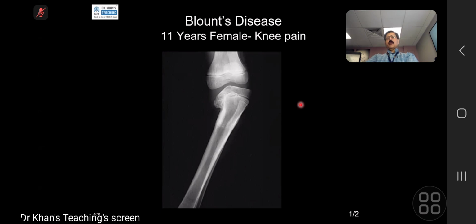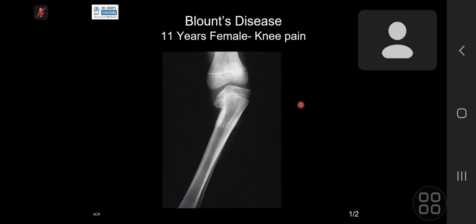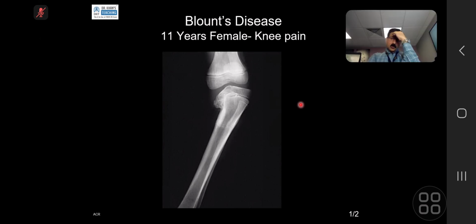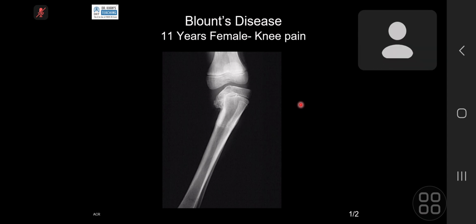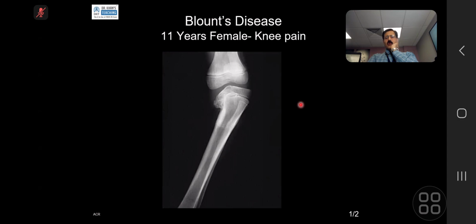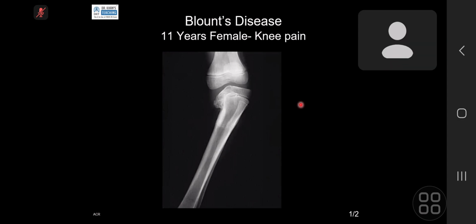Okay, in Madelung deformity, what happens? In Madelung's deformity, the inner third of the distal radial epiphysis is deficient. Right. So something like that happens here also. Okay, sir, what is the connection between Madelung deformity and Blount's disease for your exam?